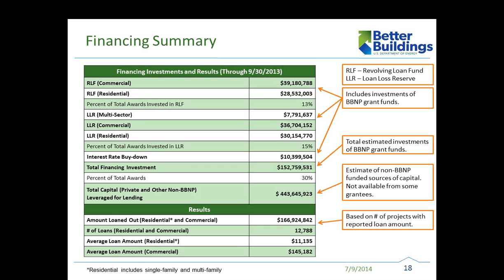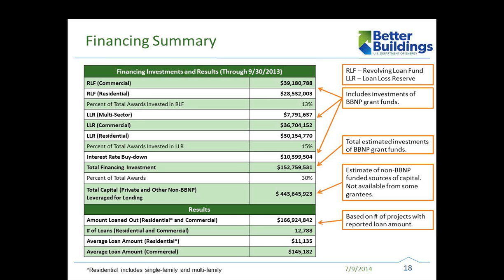And then at the bottom of that section on financing investments, we also have total capital. And this is private and non-BBMP. So this does not include the Better Buildings funds that were used to set up a revolving loan fund. This is primarily if a grantee set up a loan loss reserve and used that loan loss reserve to leverage private capital that would be lent for building upgrades.